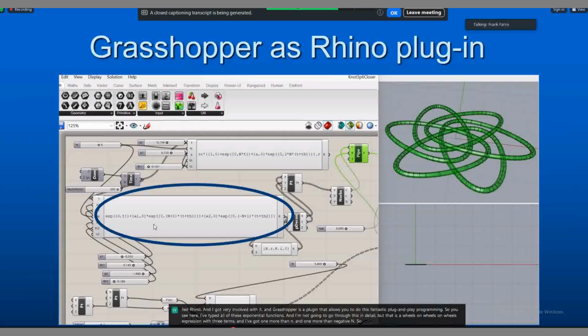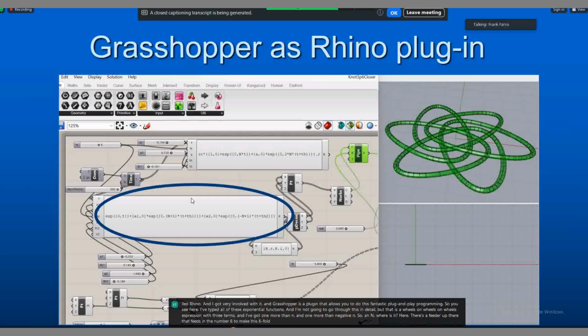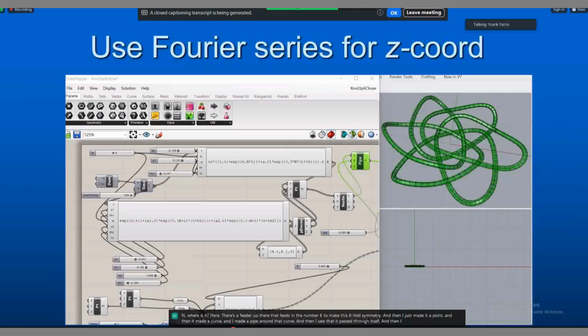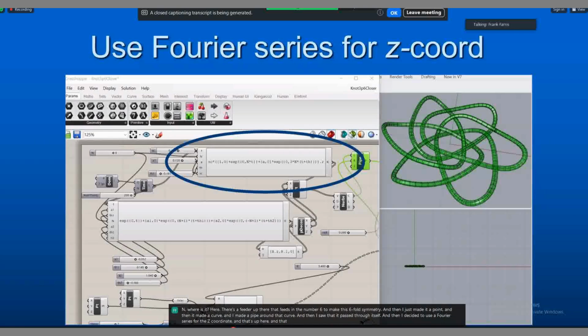And n, where is it? Here. There's a feeder up there that feeds in the number 6 to make this six-fold symmetry. Then I just made it a point, and then it made a curve, and I made a pipe around that curve, and then I saw that it passed through itself, and then I decided to use a Fourier series for the z-coordinate, and that's up here, and that just wiggled it up and down.